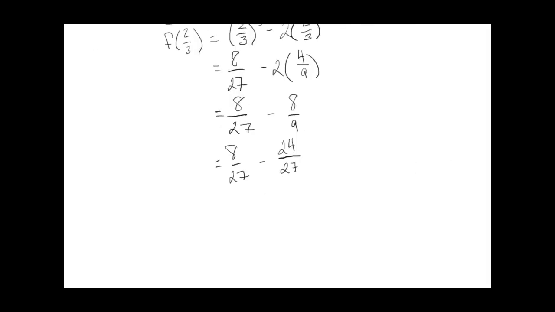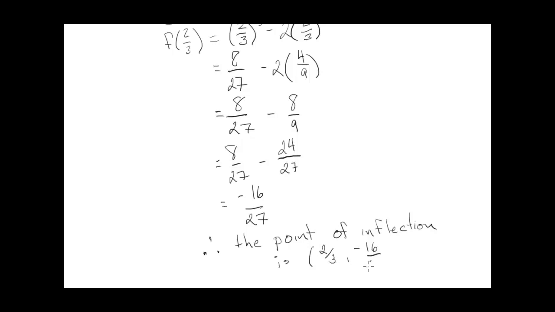That would be minus 24/27, so 8/27 minus 24/27, giving minus 16/27. Therefore the point of inflection is the x value 2/3 and the y value minus 16/27.